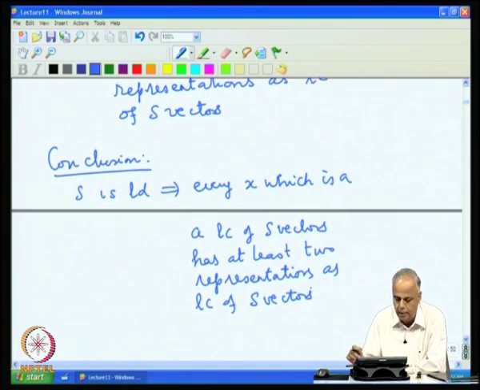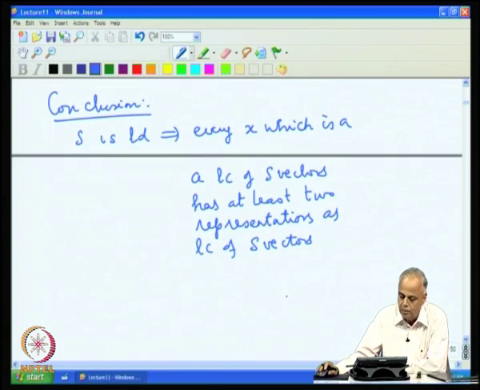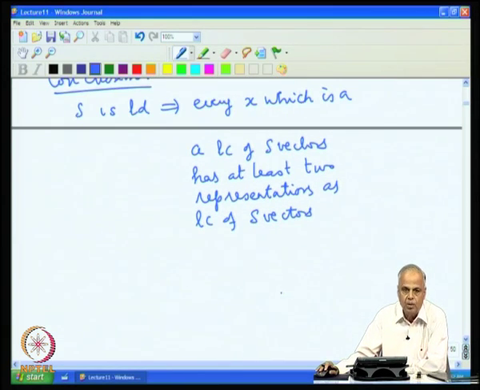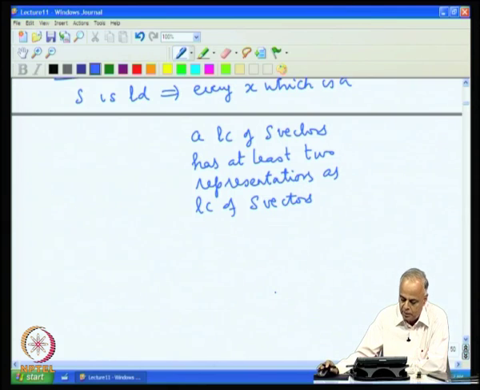So, linear dependence brings in a certain amount of vagueness, because there is a lot of redundant information.